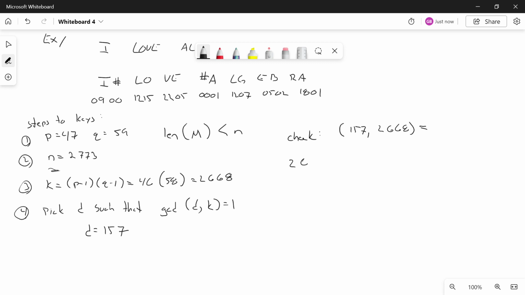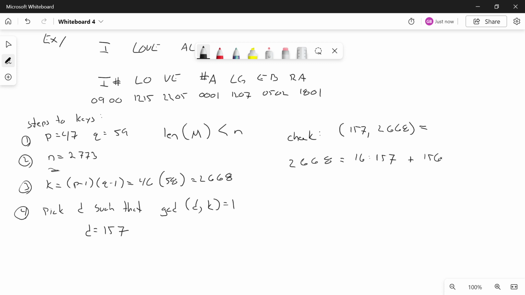So the first thing that we're going to do is break down 2,668 into a product of some multiples of 157. So how many times does 157 go into 2,668? Well, it goes 16 times, and I'm left with a remainder of 156. Now my algorithm states if I have a remainder of 0, I stop.